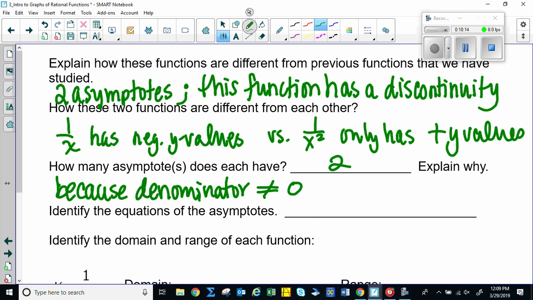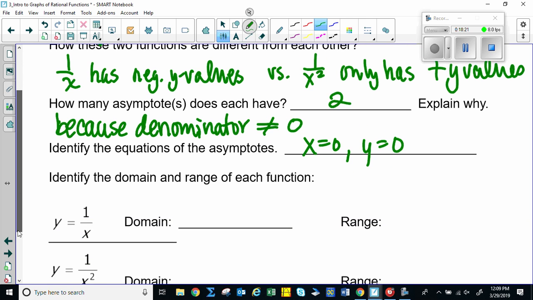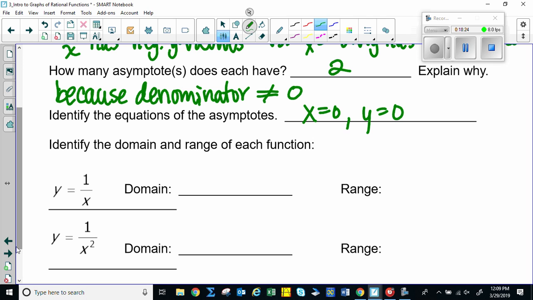We already did these asymptotes, x equals 0, y equals 0. I'm not going to worry about the domain and range. We already have that filled in, right? Okay.